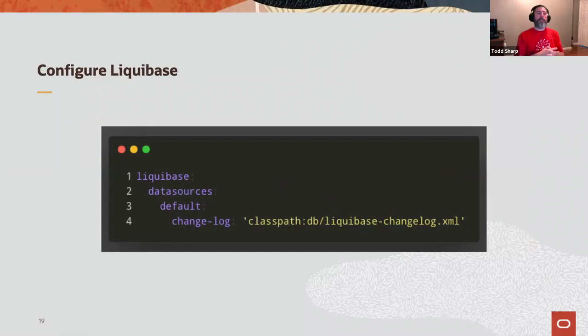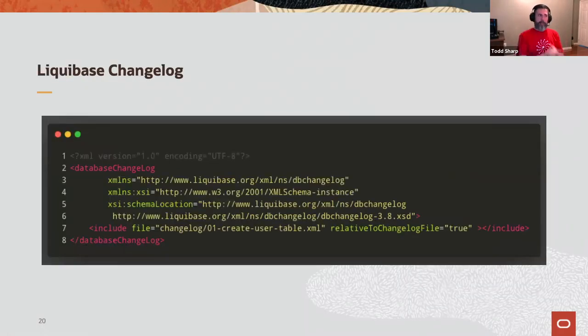And then you just configure it. You just tell Micronaut where your changelog exists on the file system, you create a changelog. In this case, we're using the XML changelog for Liquibase, and you just point in your changelog to include all of your change set files.